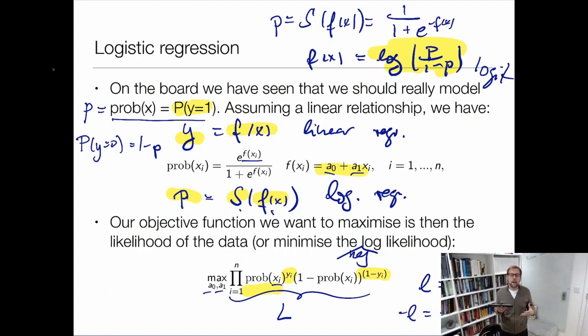You can write this out to have a look at how this expression looks, and we will come back to it next week when we talk about support vector classifiers, because we will see that the support vector classifier has a quite similar loss function, but it's a rather more kinky loss function.